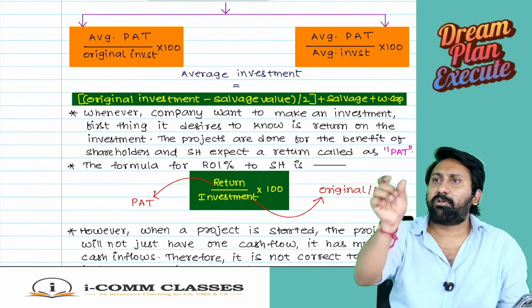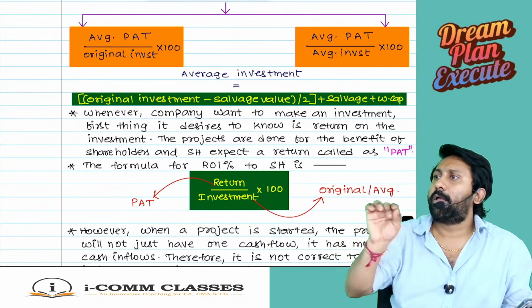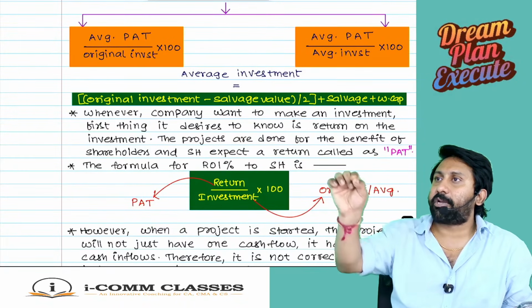Write the equation below so you will remember: profit plus depreciation equals cash flow.